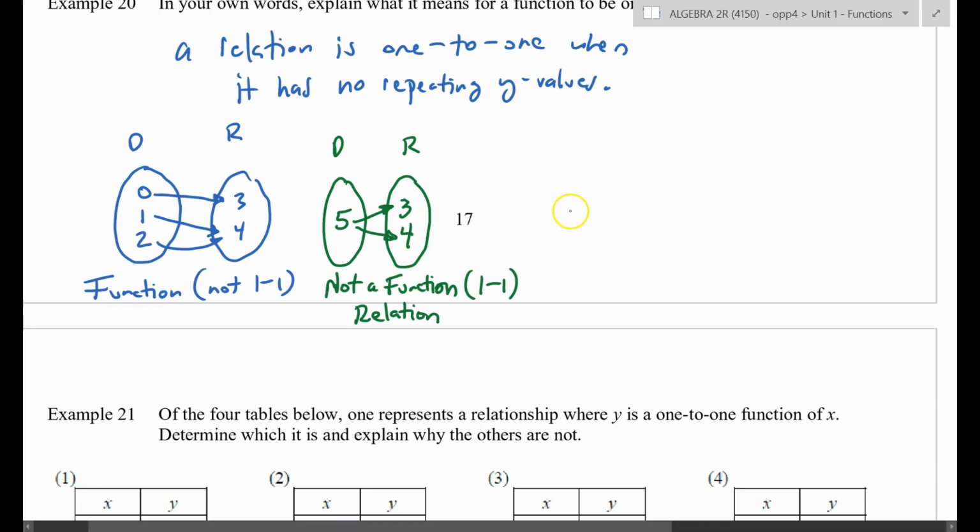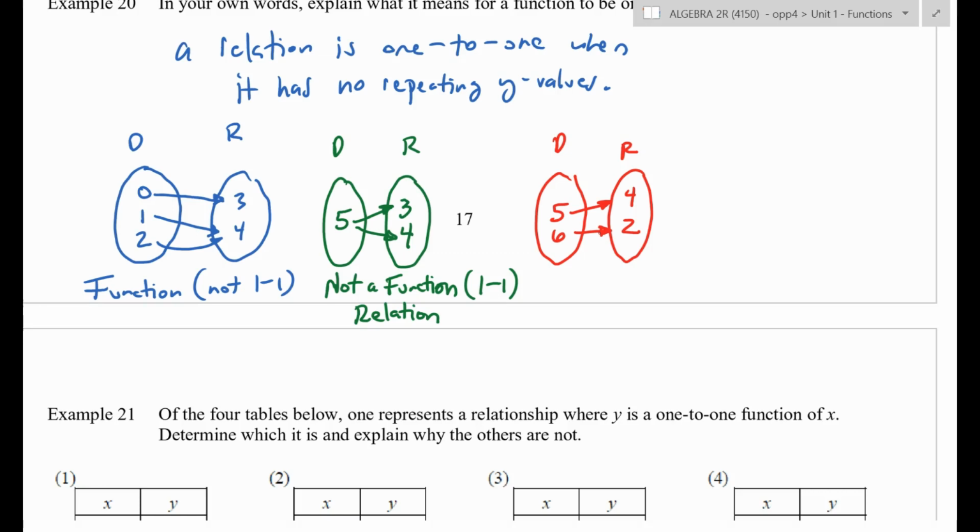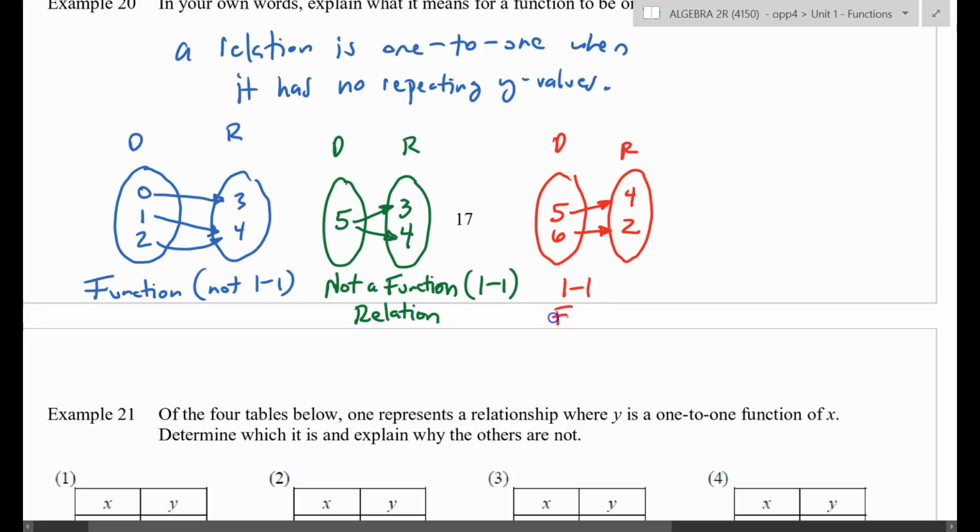All right, let's look at our other two scenarios. Is it a function? Is it one-to-one? This is a one-to-one function. And our last scenario.